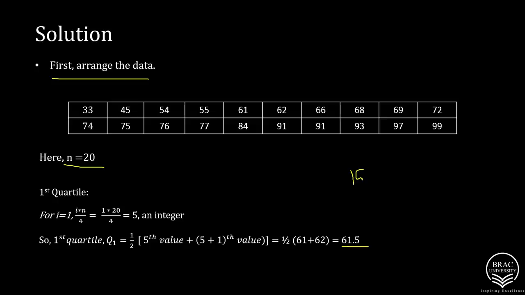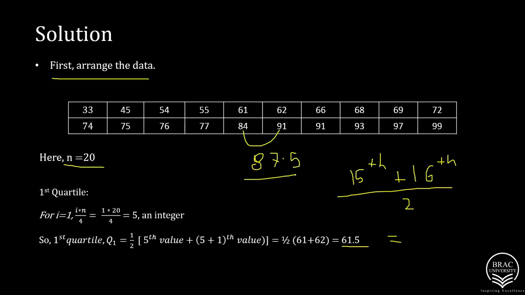So the 15th plus 16th value by 2, where this is the 15th and this is the 16th, and their average will be 87.5. So this is our third quartile.